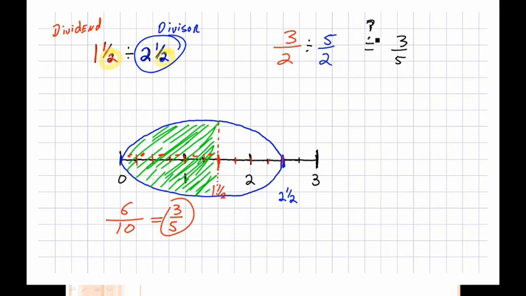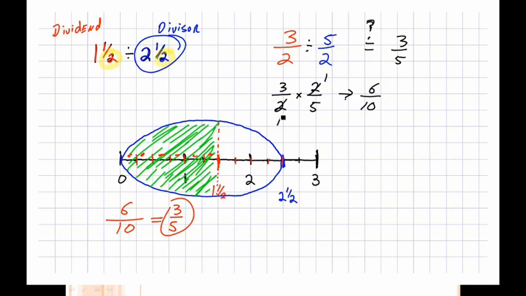Well, how do we work this? 3/2 times 2/5. We have a couple of things that we could do here. We could actually multiply 3 times 2 and get 6, and 2 times 5 and get 10. Or we could actually reduce before we multiply, dividing 2 into itself once.